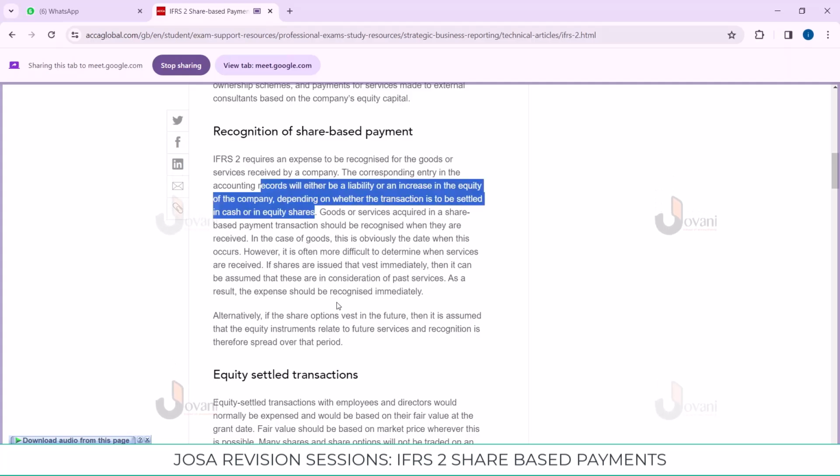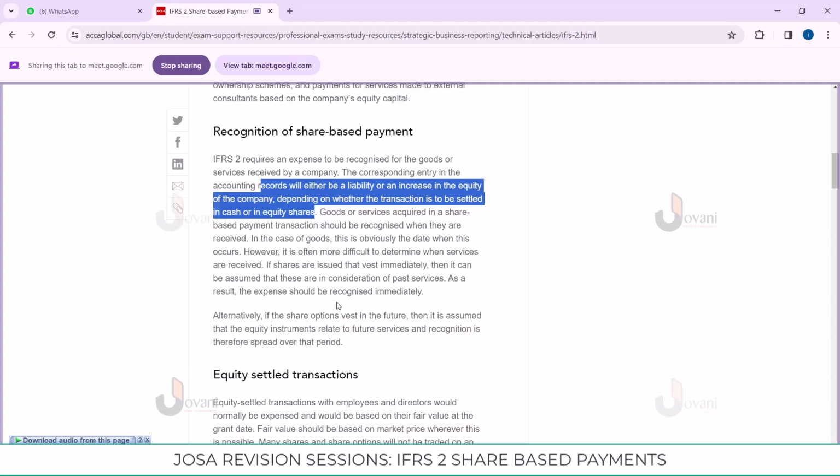So, once you receive an asset, this is the issue of double entry. You debit intangible asset. What do you credit? You either credit a liability if you're going to pay cash, that is, if you're going to convert the shares you are issuing to someone or the options you're giving to someone into cash based on the fair value of the equity instruments, or you're going to credit equity because you are issuing equity to this person who has provided the goods or services.